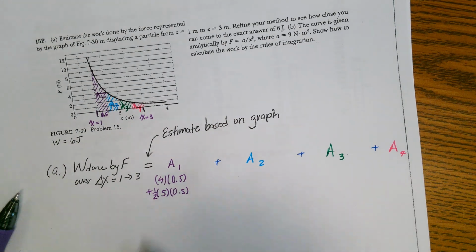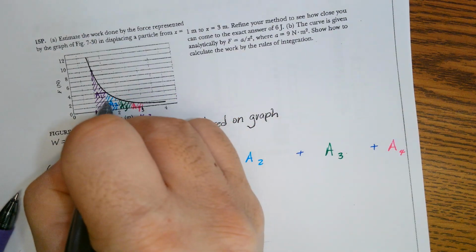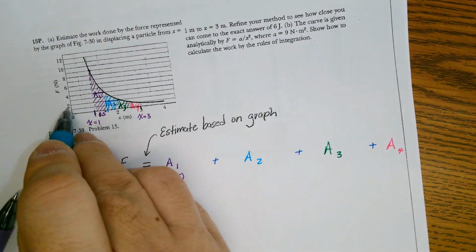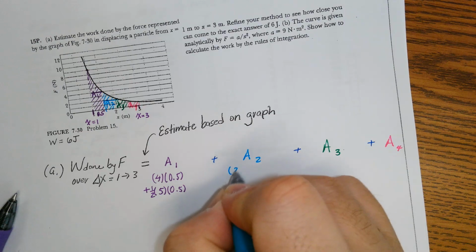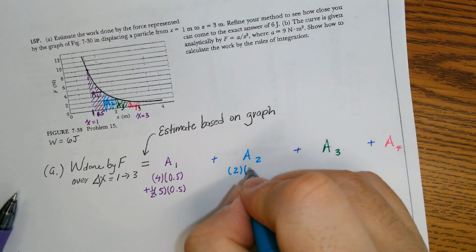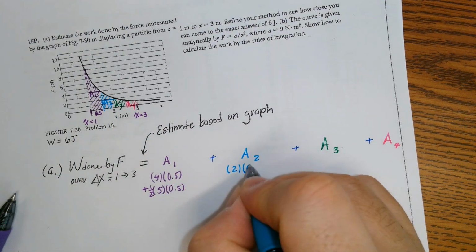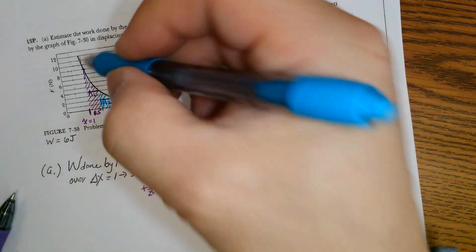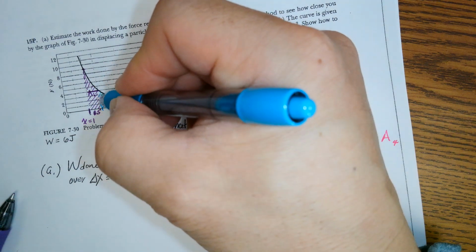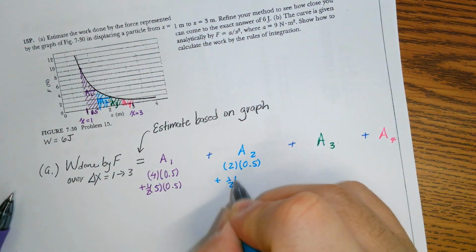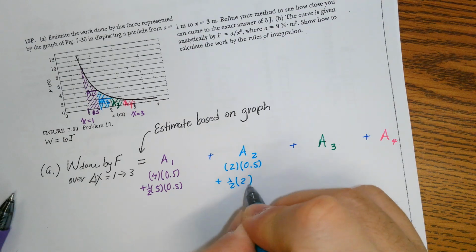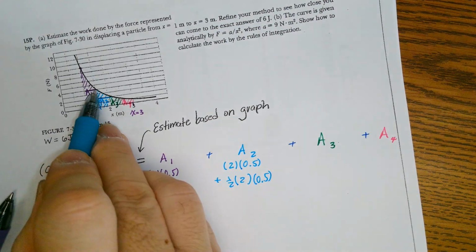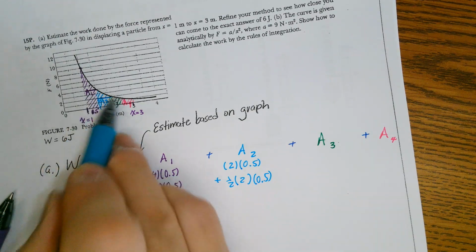What about area 2? Area 2 looks like I could split this up into 2 parts. This looks like 2, right? So 2 times 0.5 again, which is the base, plus here looks like 2, but 1 half of 2 times 0.5 again, because that looks like 2, and it's a triangle. Almost a triangle.